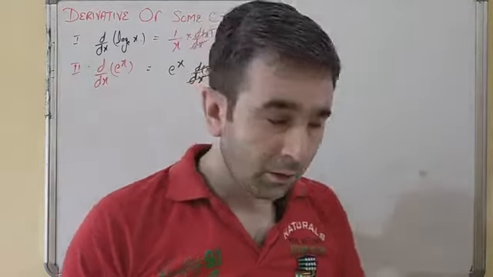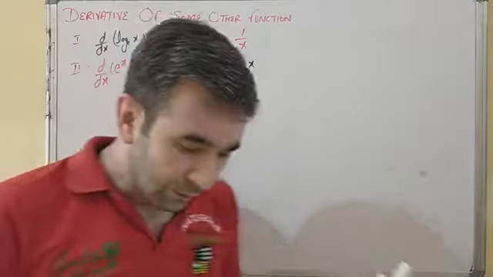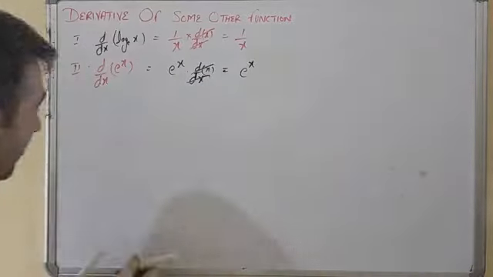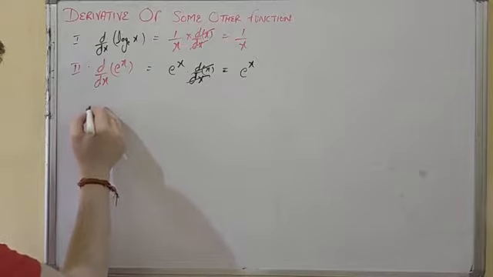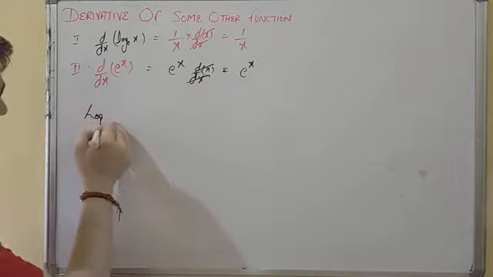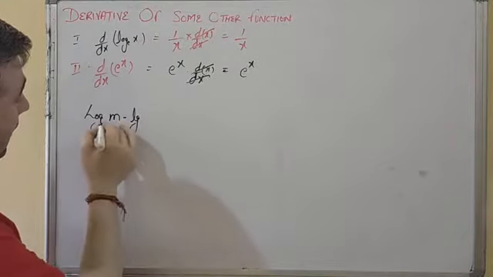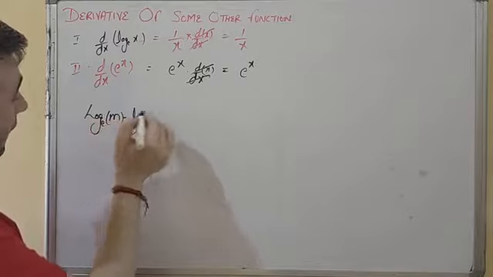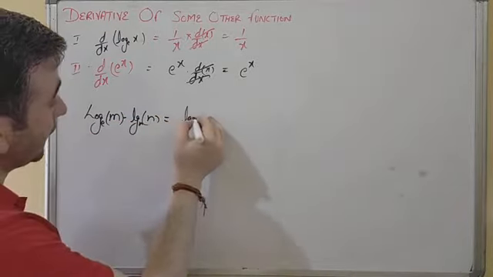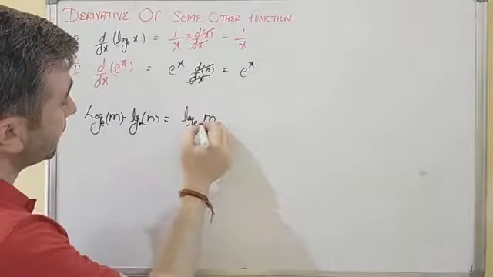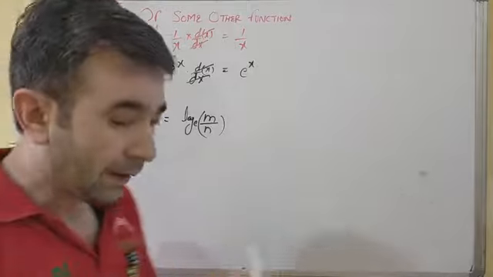Is that clear? Now there are some basic rules which we will also use in physics. That is the most important one. If we take log m minus log n, that can be written as the log of base e m upon n, in the dividing form.